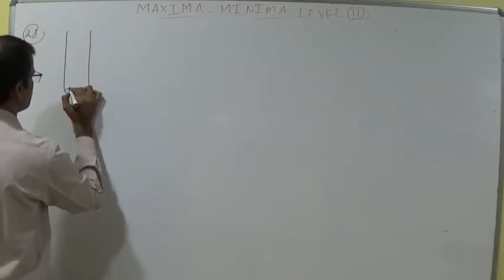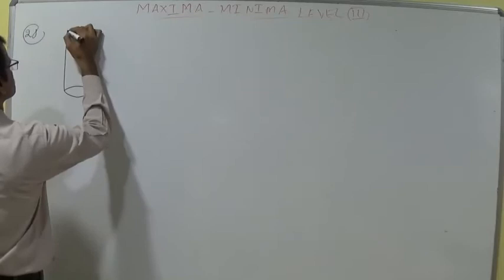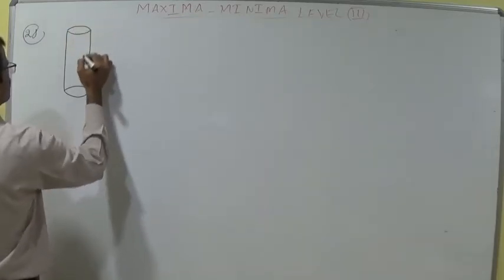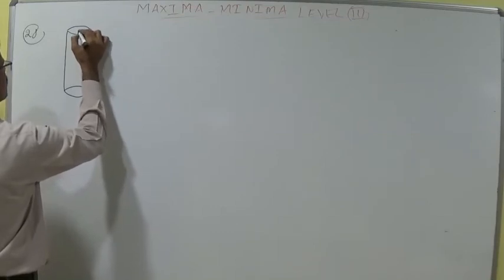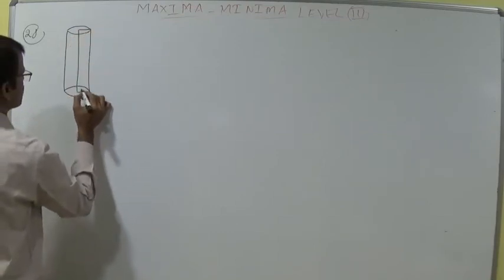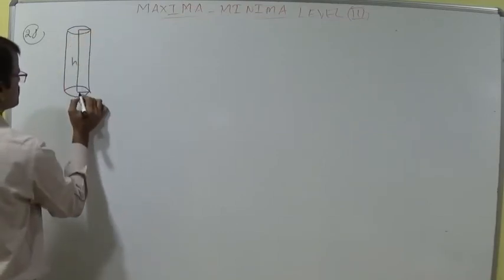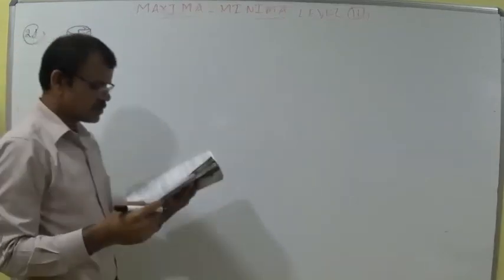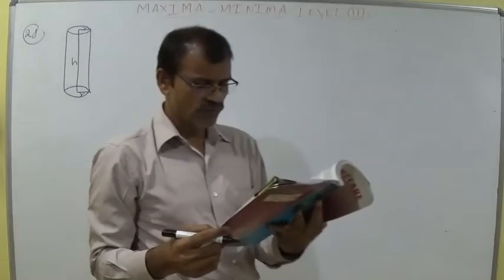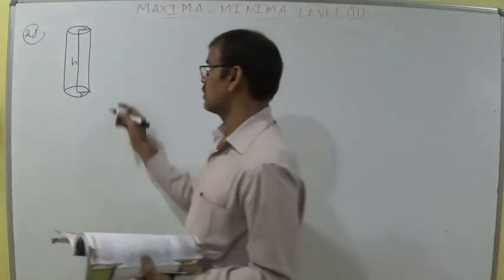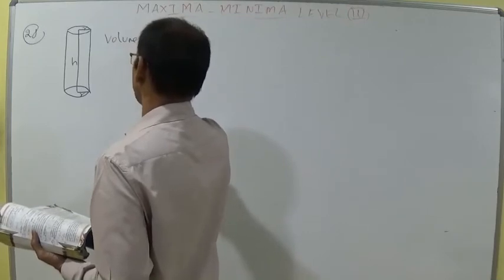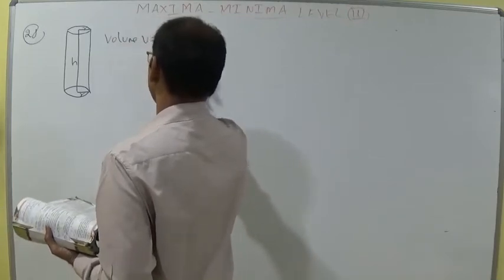Surface area, I am writing here. S is equal to curved surface area 2 pi r h, plus pi r square and pi r square, so you can write 2 pi r square. So S is equal to 2 pi r h plus 2 pi r square.